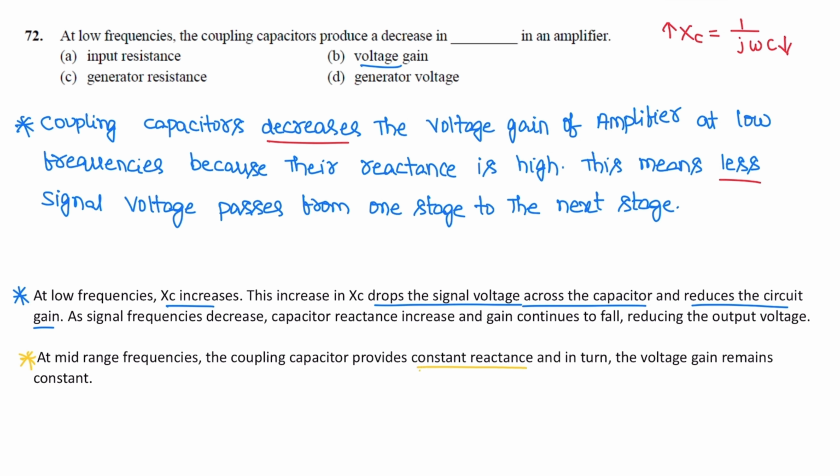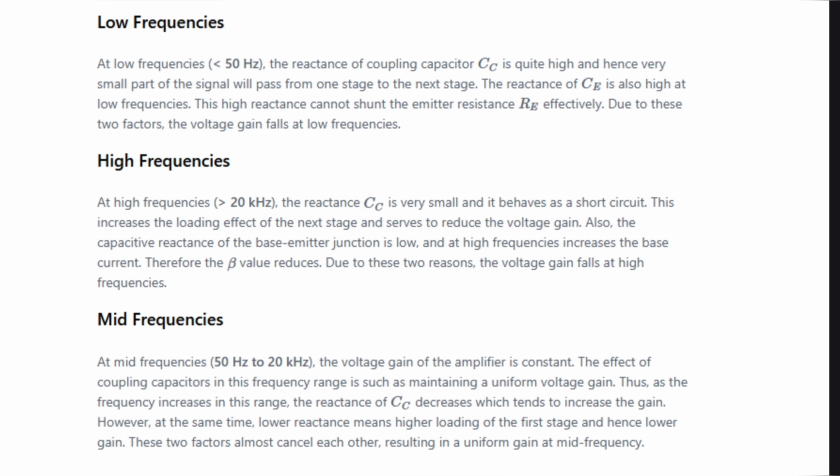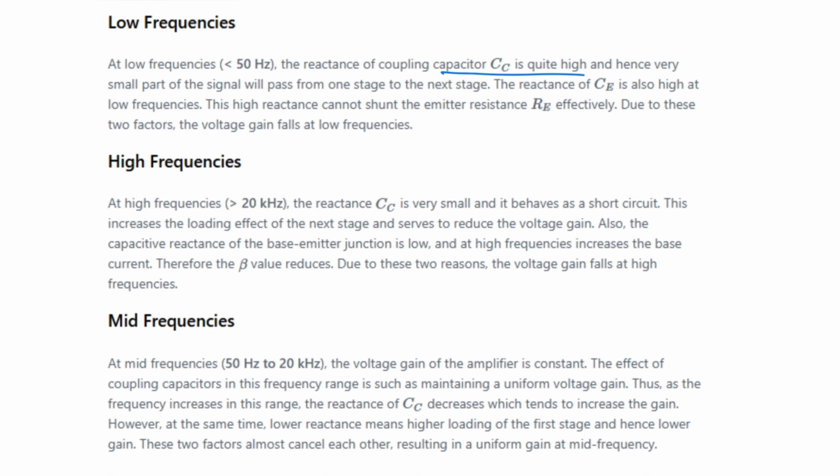At low frequencies the reactance of the coupling capacitor is quite high, so a very small part of the signal passes to the next stage. The reactance of CE is also high at low frequencies. Due to these two factors, voltage gain falls at low frequencies.